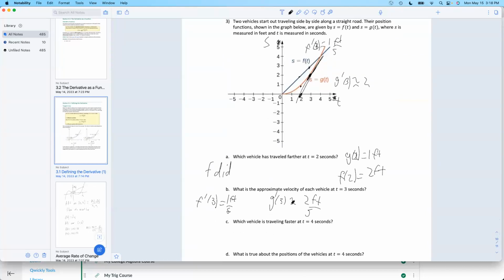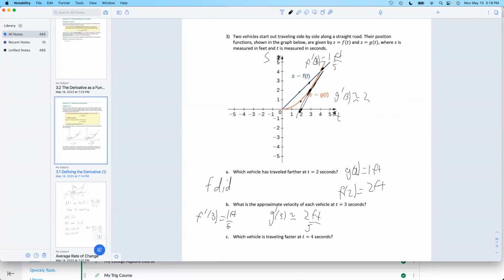So g is moving faster. Even though f has moved farther at that point, look, f has moved about 3 feet away. g has only moved 2 feet away. f has moved further, but at this moment, g is moving faster.